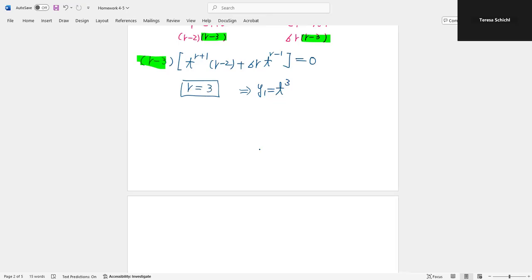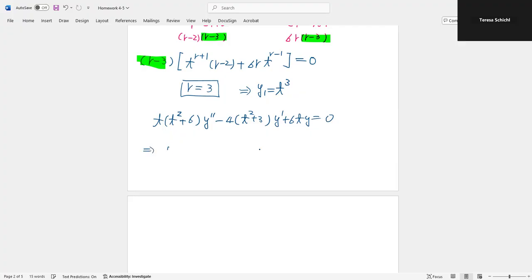Okay, so our differential equation is t squared plus 6 times y double prime minus 4 times t squared plus 3 times y prime plus 6ty equal to 0.